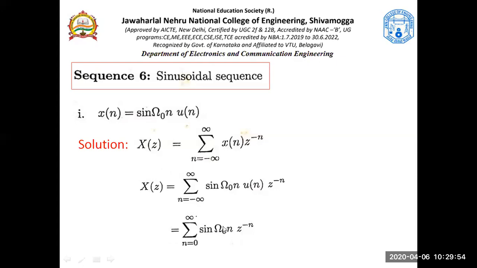It is e power j omega naught n minus e power minus j omega naught n divided by 2j.